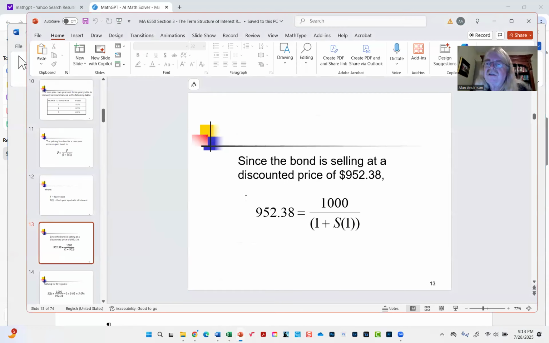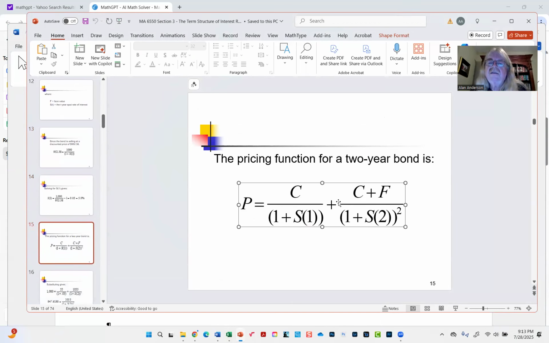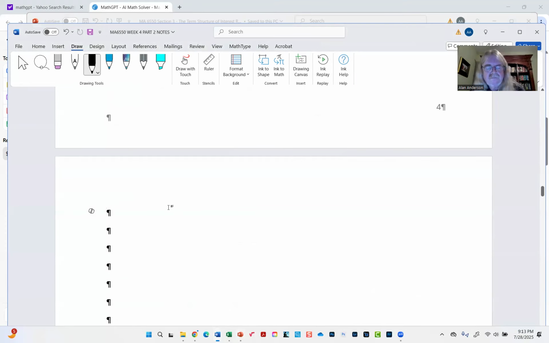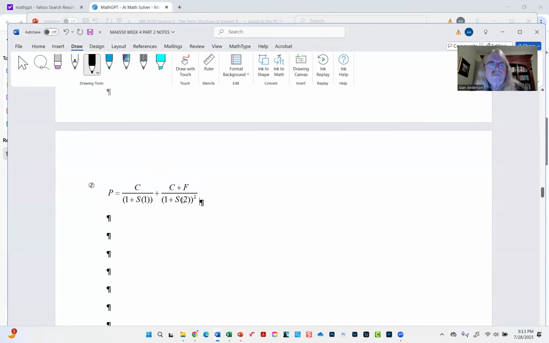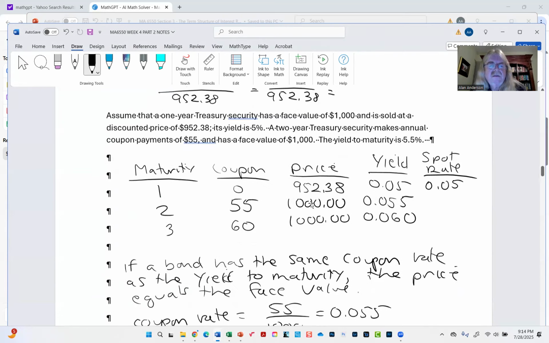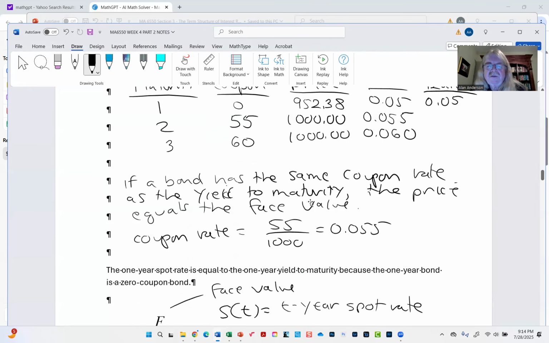Let's see how we price the 2-year bond. Now remember, the 2-year bond has a coupon. Okay, now the 2-year bond has a price of $1,000.